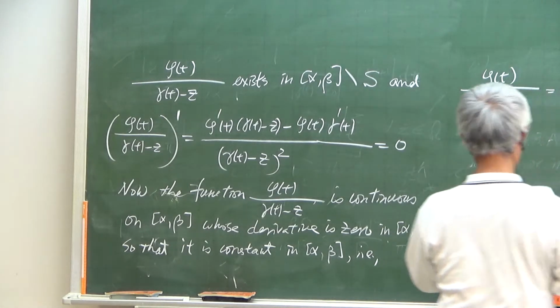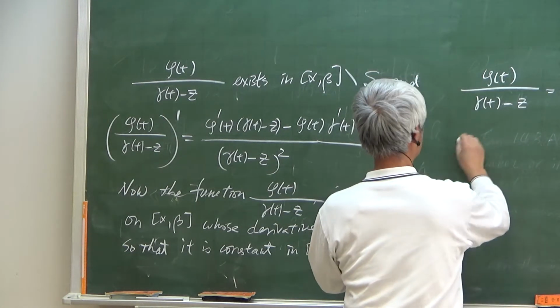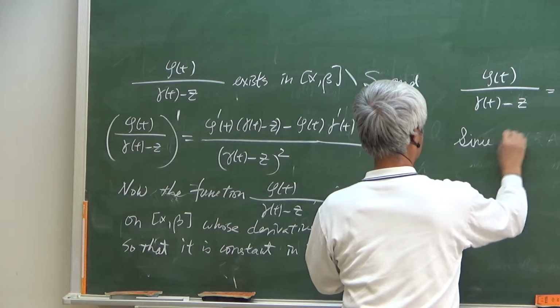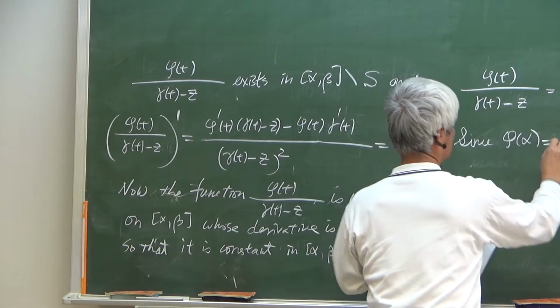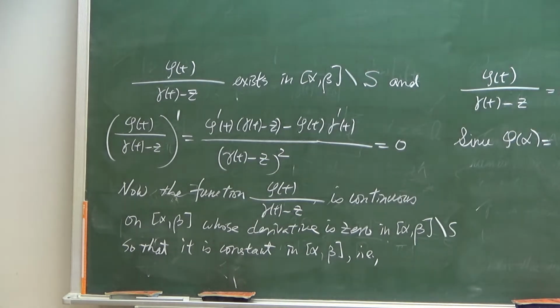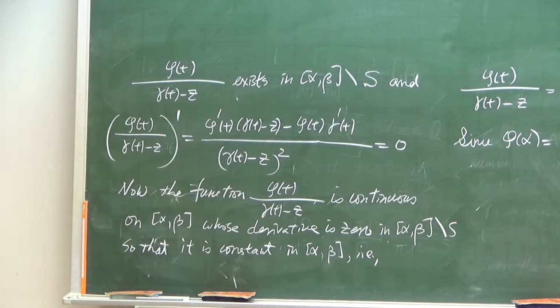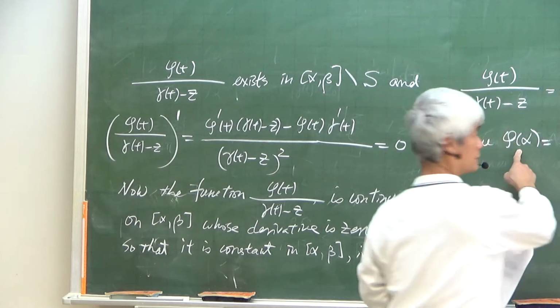Now, by definition, phi alpha: when t is alpha, the exponent is 0, so e to the 0 is 1. So phi alpha is 1.